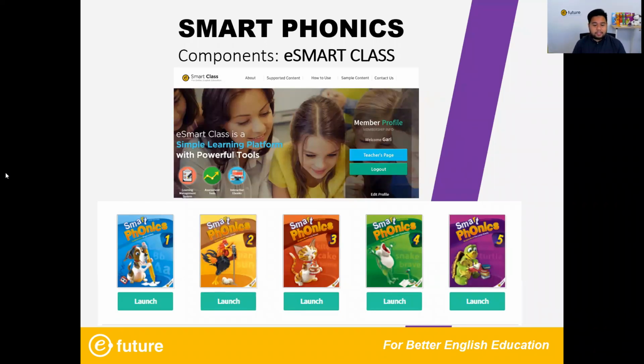I feel like this resource should be utilized, especially given our times right now. So how many are using or know about eSmart class? First time hearing about it?